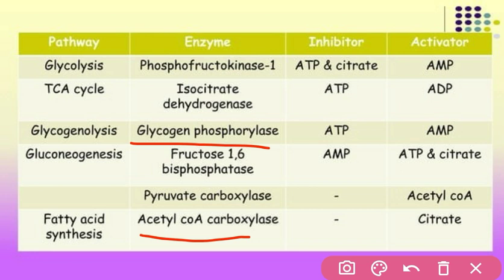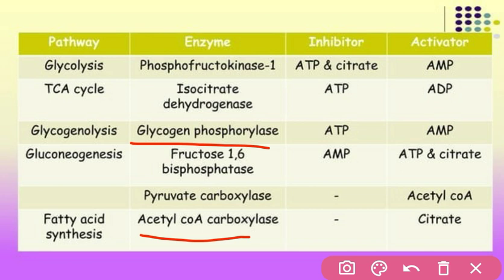The most important function of ACC is to provide malonyl coenzyme A. This is a substrate for biosynthesis of fatty acids. So the activity of this ACC can be inhibited by AMP and activated by citrate.